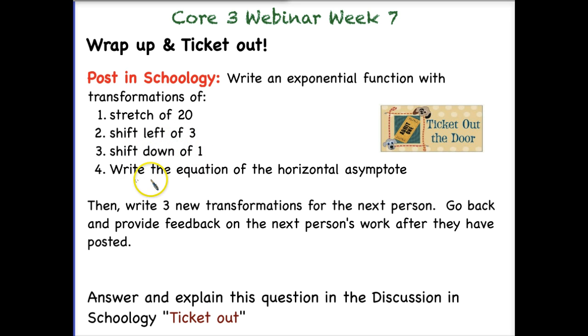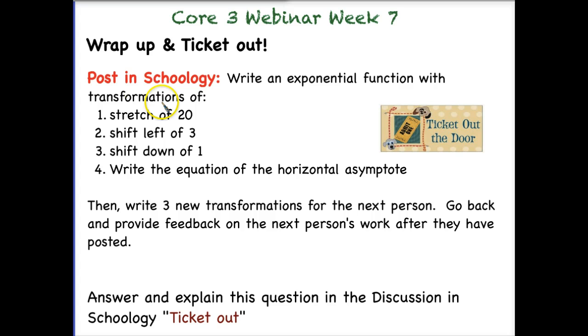And then I want you to write the equation of the horizontal asymptote for that. And then I want you to write 3 new transformations for the next person. Oh, actually that won't work, so skip that part.